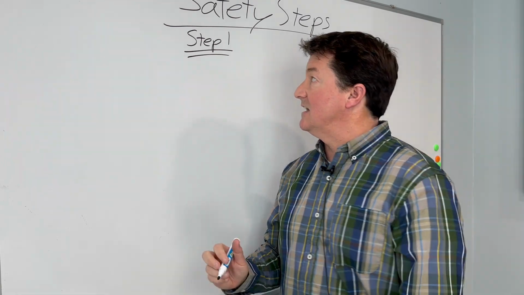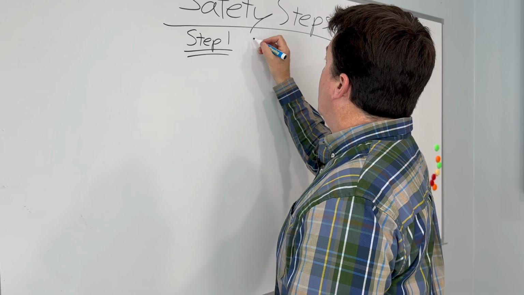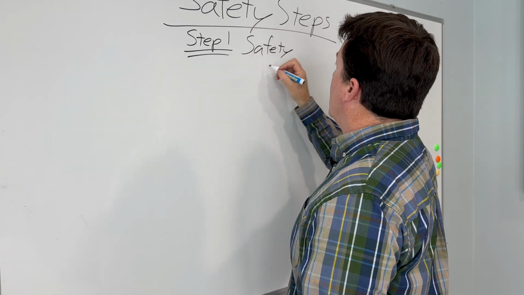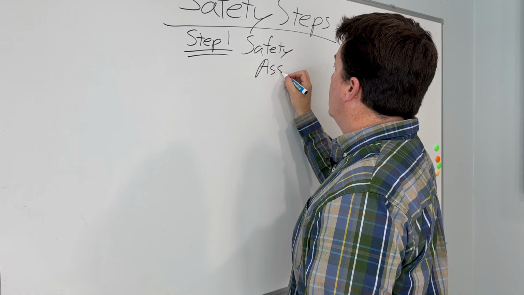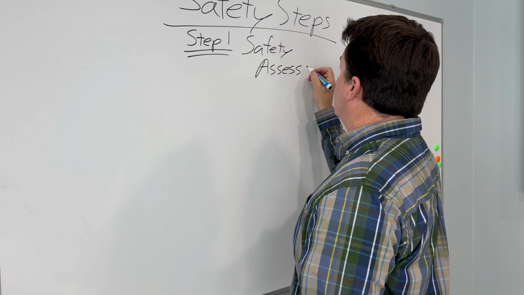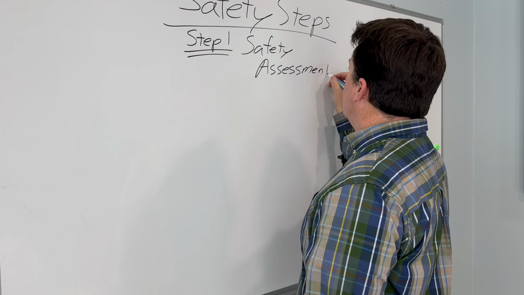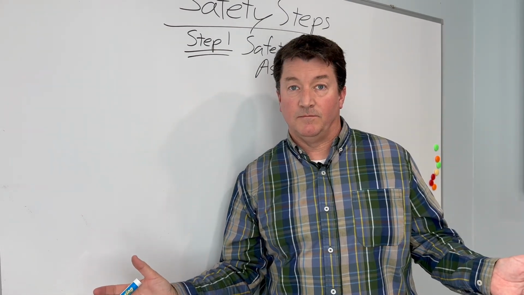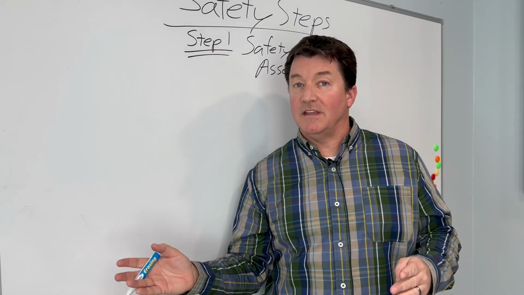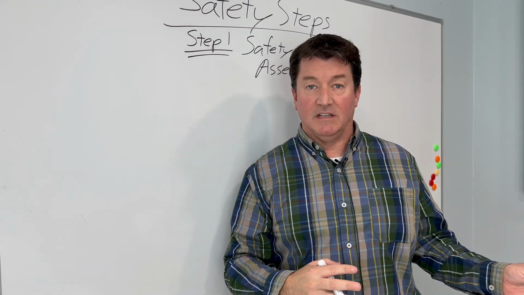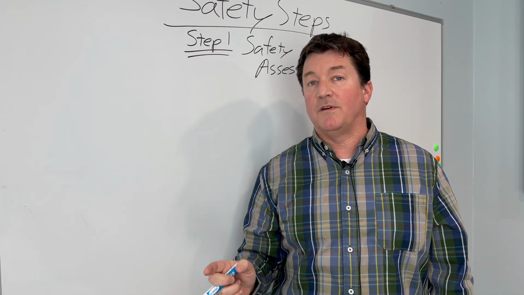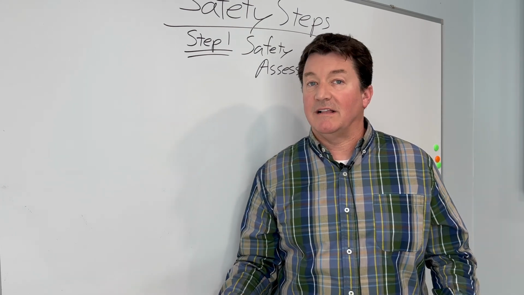A safety assessment means I'm going to look for things that are going to hurt my employees. Now, this might be major things, this might be minor things, but a safety assessment is the first step, and what we're going to do is find out where is someone most likely to get hurt.